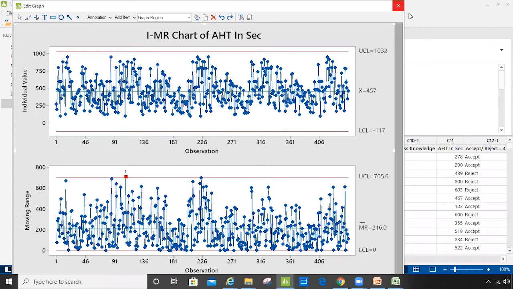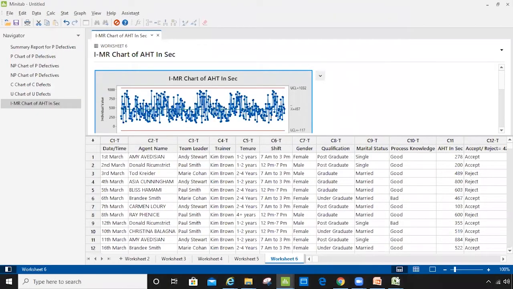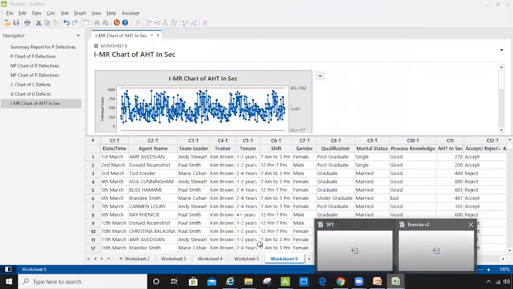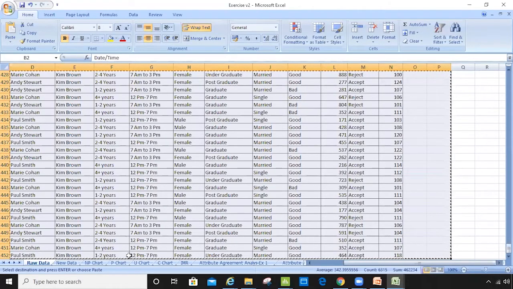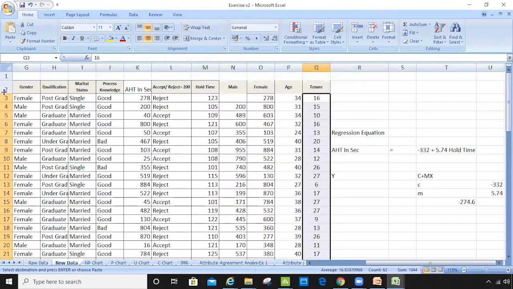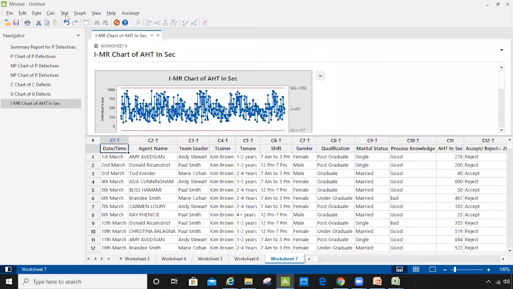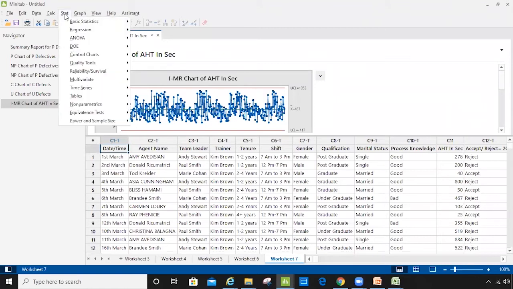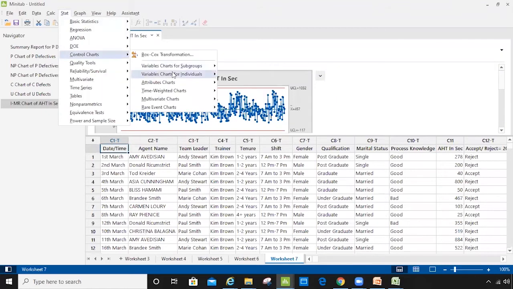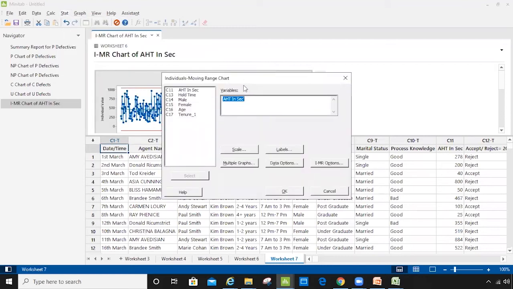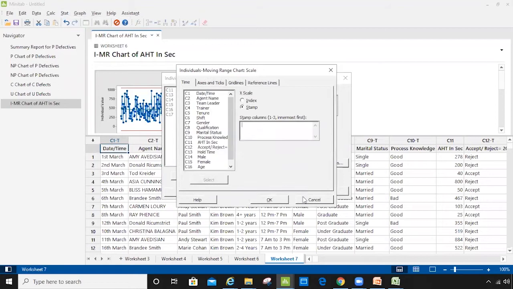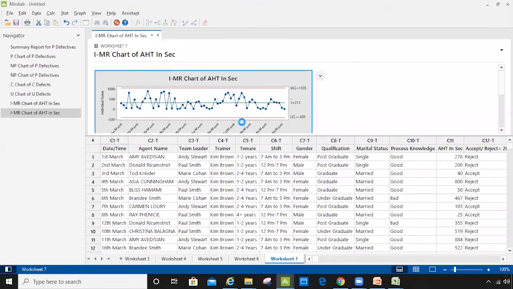Let's take another example, where we have fewer data points, and see how it looks. That's how you'll be able to understand better. I have another data set with fewer data points. I click on Stats, go to Control Charts, click on Variable Charts for Individuals, and click on IMR. Here I mention the variable.